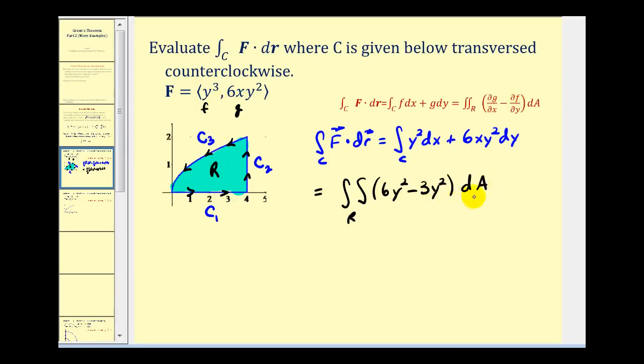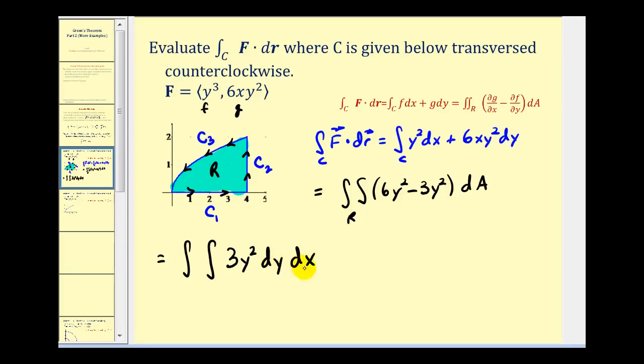And now we need to decide the order of integration, whether we want to integrate with respect to y first and then x, or x and then y. Also, these are like terms, so we'd have 3y squared. Let's integrate with respect to y first and then x.